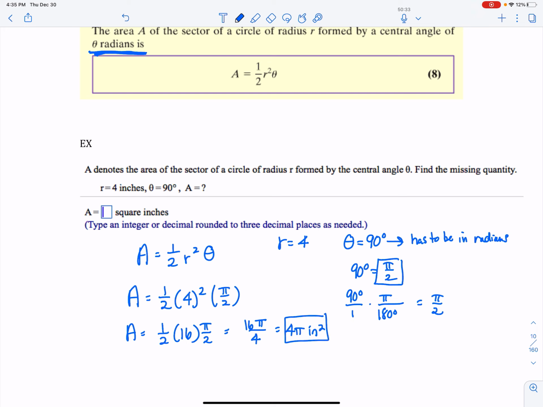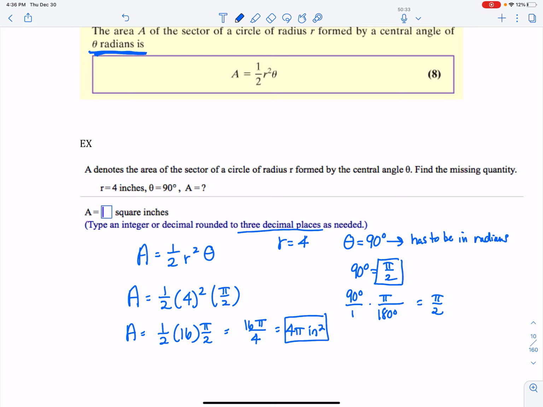Now it's asking you to round to 3 decimal places as needed. When it says that, you can try to plug that into the homework system, and if it doesn't work, what you're going to do is go on the calculator and multiply 4 by pi. So 4 times pi, and you're going to use the actual pi symbol. It's taken me a moment to find it on my calculator here.